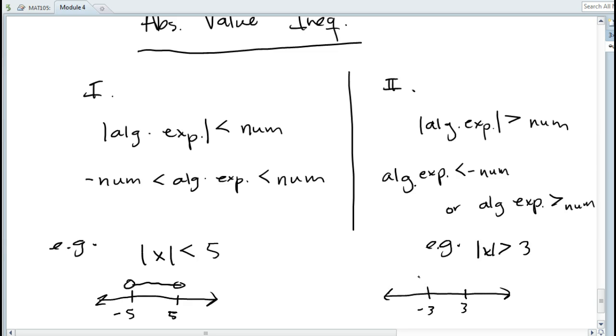You have the same sort of region, but now we're going the other way. All the numbers in between will be too small. For instance, absolute value of negative 2 is positive 2, which is not bigger than 3. But if you look at the absolute value of negative 4, it's positive 4, which is bigger than 3. So you need to use these two rules when we're solving absolute value inequalities. So it might be helpful to note that.